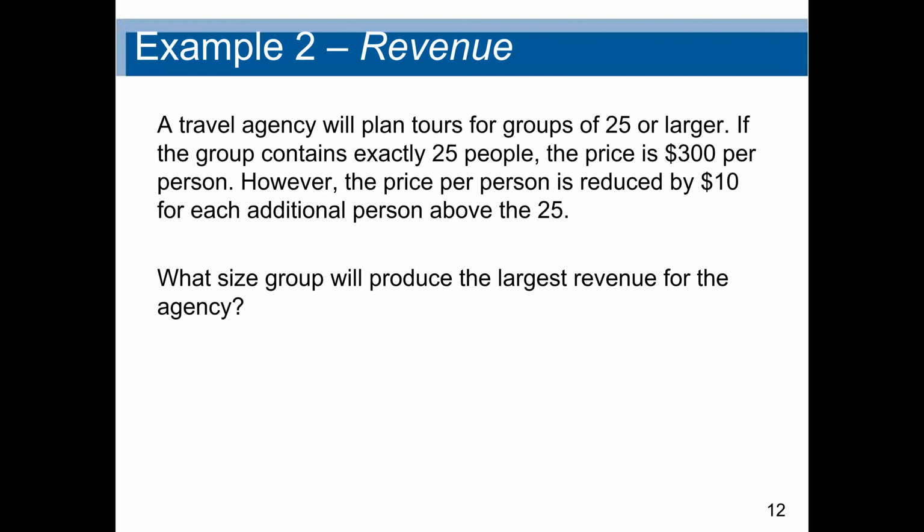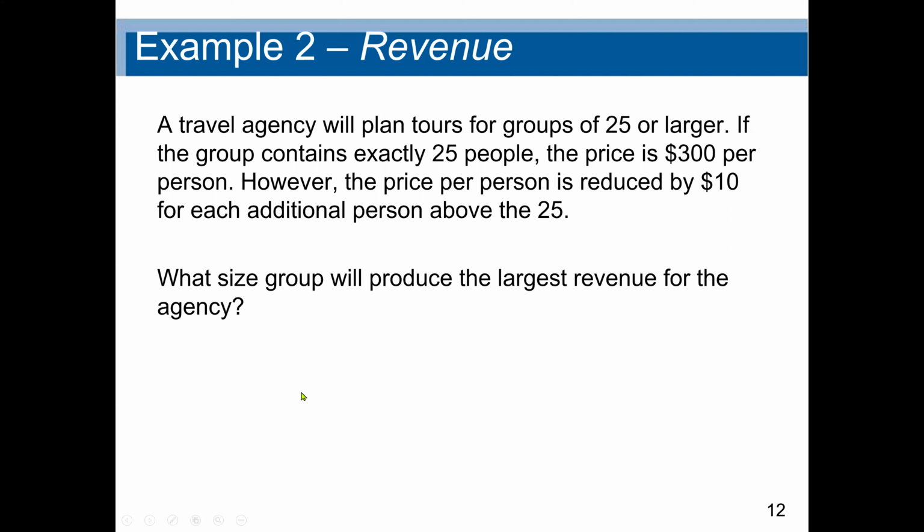If they have more than that, however, the price per person is reduced by $10 for each additional person above 25. If we have up to 25, each person pays $300. If we have 26, the additional person will pay $10 less. If we have 30, the last 5 people will pay $10 less.